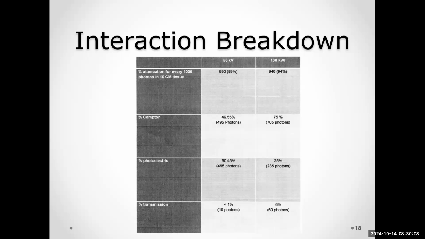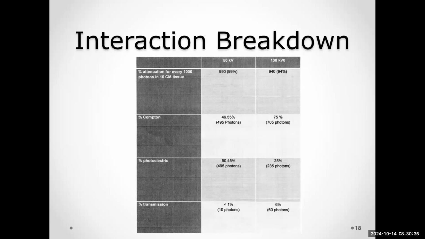So look at the breakdown though of Compton versus photoelectric. Let's jump down, and you see how the percent of transmission went up with the higher kVp. That's what we're talking about there. Overall, there's a greater chance that the X-ray photons are just going to transmit through.